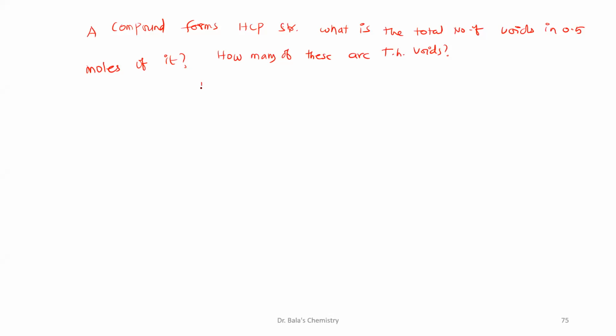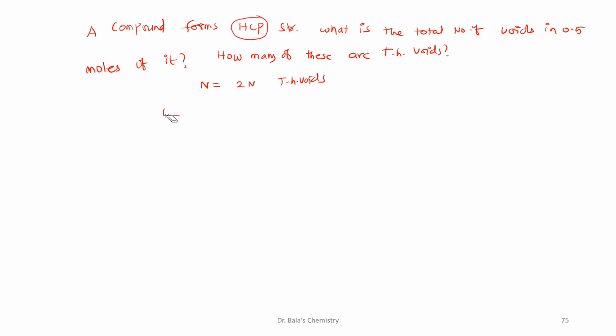So we know that n number of atoms means 2n number of tetrahedral voids. We know that. So what is the n value here? Number of atoms. So we know the number of atoms I'm asking.